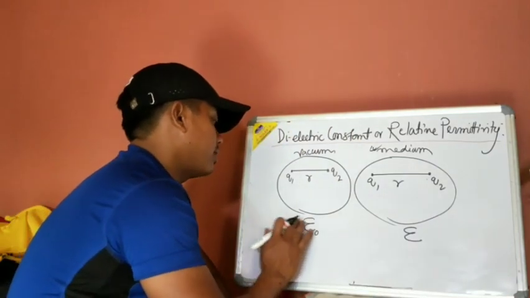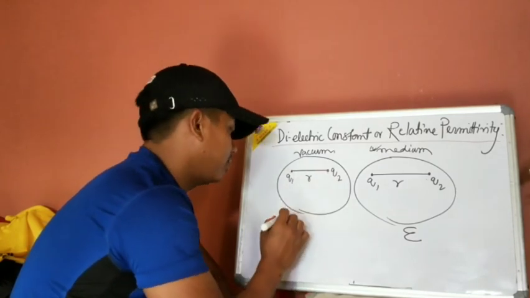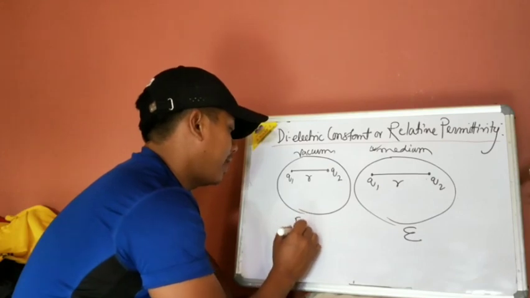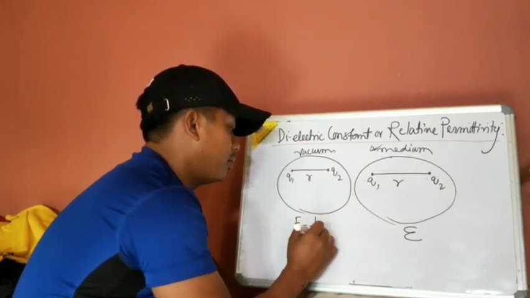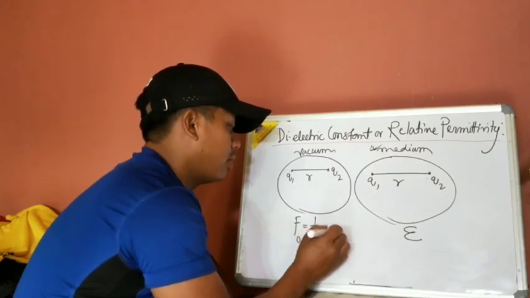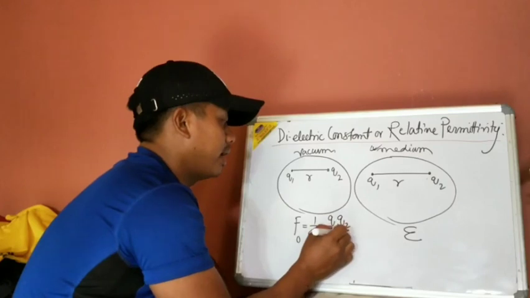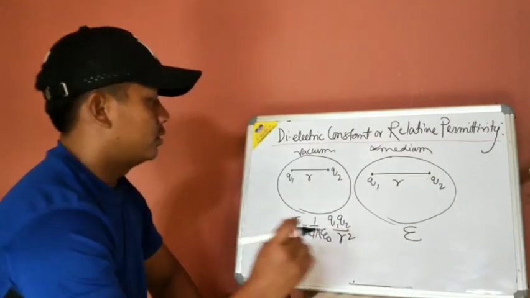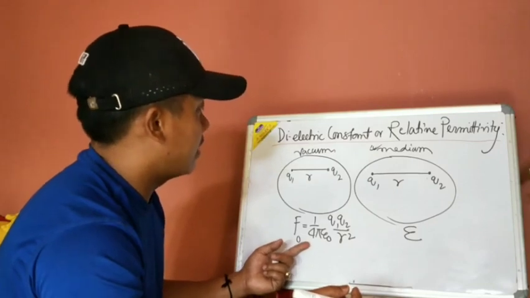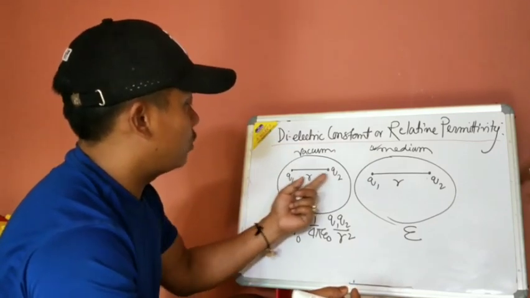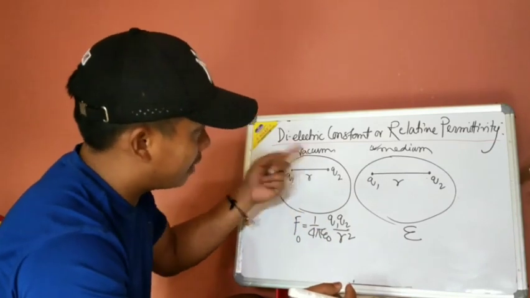Let us try to write down the force. The force between the two charges when kept in vacuum, let us say F naught, is equal to 1 by 4 pi epsilon naught Q1 Q2 divided by R square. So this F naught is the force between Q1 and Q2 separated by distance R, kept in vacuum.